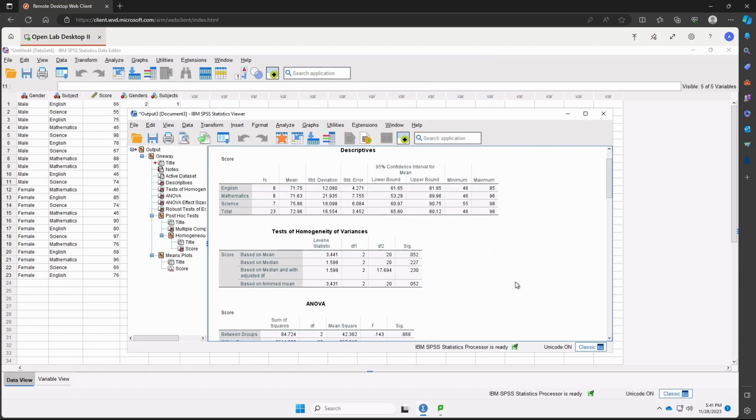And alright, in our test of homogeneity of variance, we can see that the significance is 0.052, which is higher than our default 0.05. So we can tell that 0.052 is greater than 0.05, so it is non-significant.